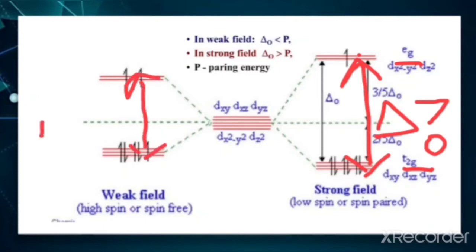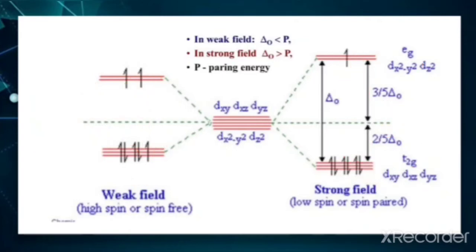That means the delta 0 value is less, so there is less energy gap between the T2g set and eg set. So depending upon this concept only, some of the complexes are paired, that means pairing is taking place, and in some complexes there is no pairing. We will explain that with some particular examples.